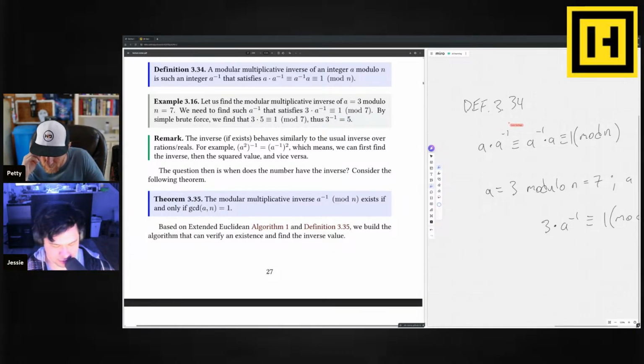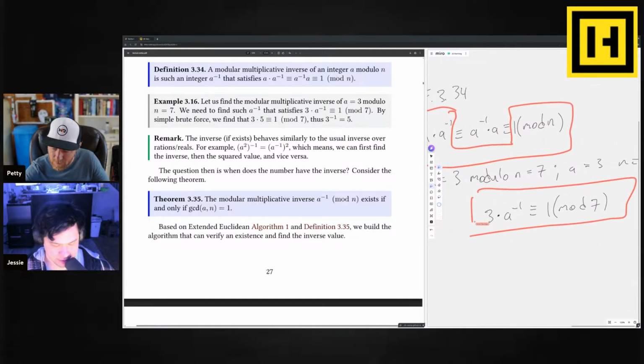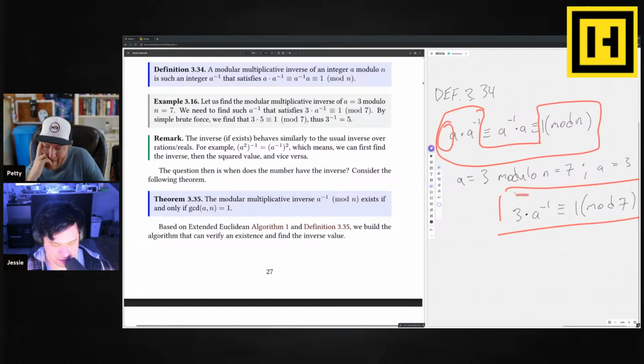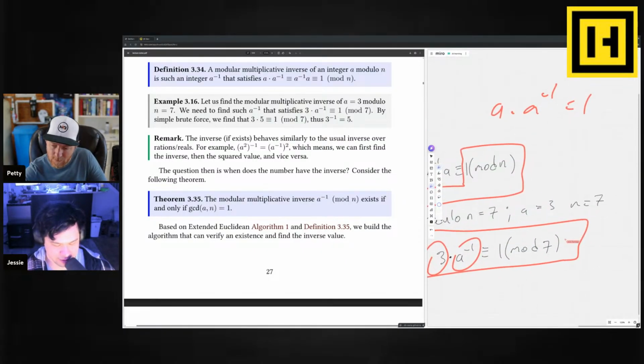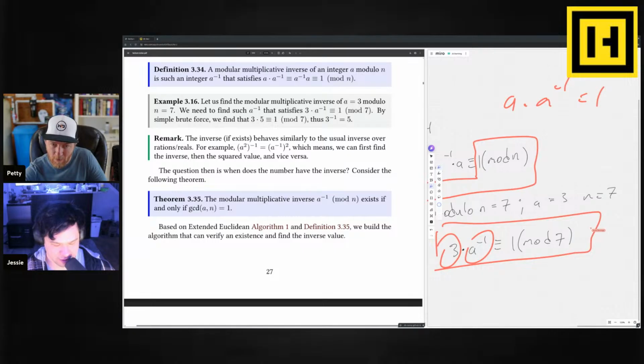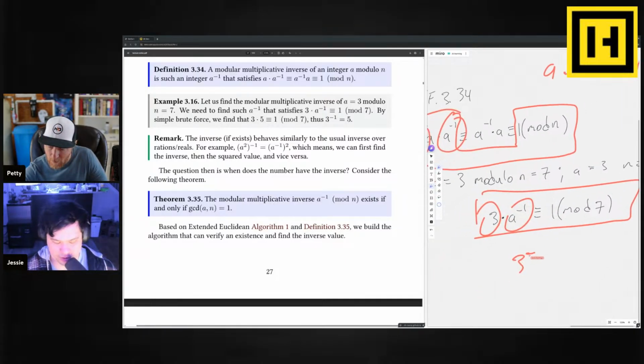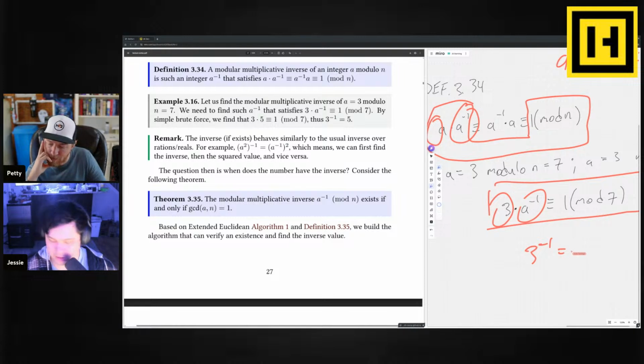So essentially they're taking this structure right here, right? All I'm beefing over is that the way that I know A times A inverse is equal to 1 is the identity, and in modular arithmetic it's going to be 1 mod whatever the modulus is. But in this case, when they wrote it out, they said the inverse of 3 is equal to 5.